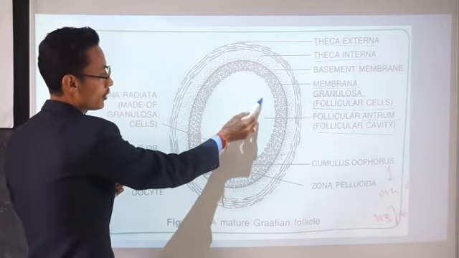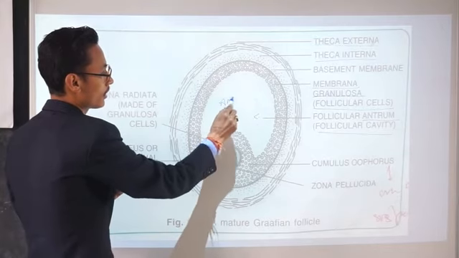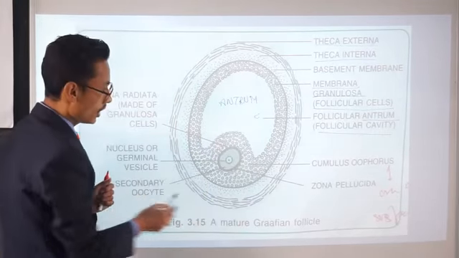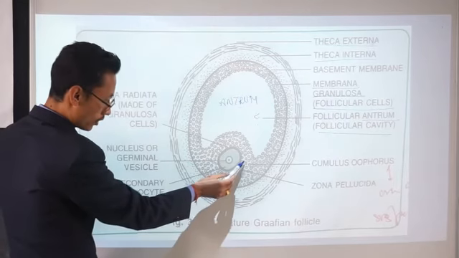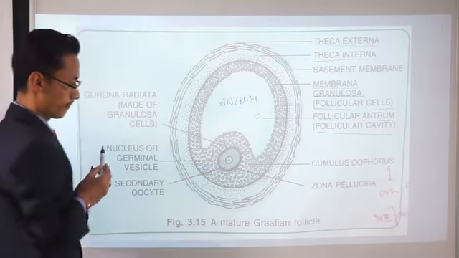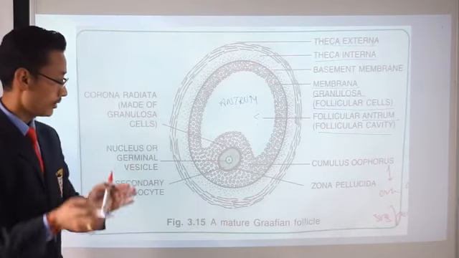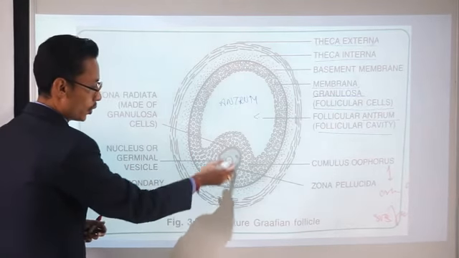This is the cavity, we call it the antrum, which contains the fluid called liquor folliculi, and this one which we are seeing over here is the ovum. The structure of the ovum we will discuss afterwards.